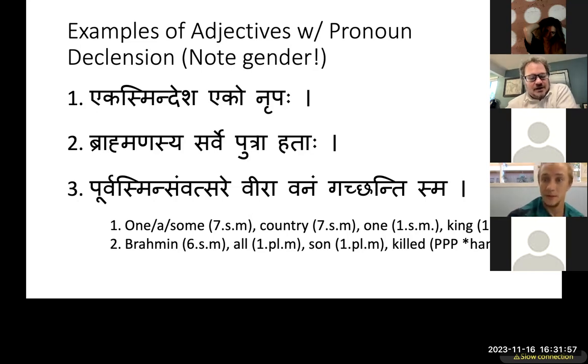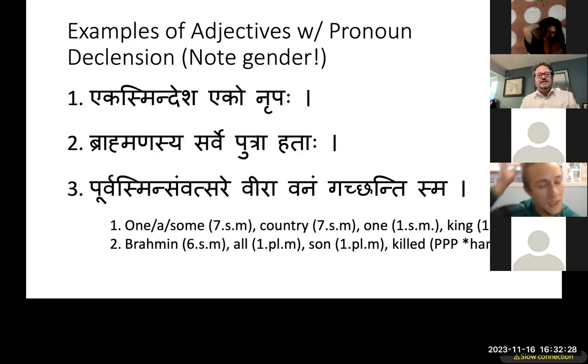The heroes. You finish the sentence. Well, I'm asking if that phrase is correct. The phrase is correct. So the heroes went into the forest. But why would it be before the period of a year? You're getting confused because of the way I explained it.